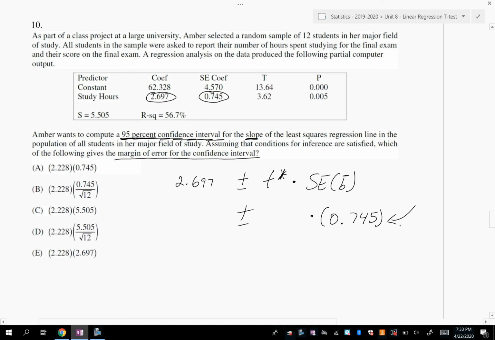And if you look, B is incorrectly divided by the square root of the sample size. This one, I don't even know what 5.505 is. This one is taking that number and dividing by the square root of the sample size. And this one is incorrectly using the slope. So the only one that has just the standard error is A.